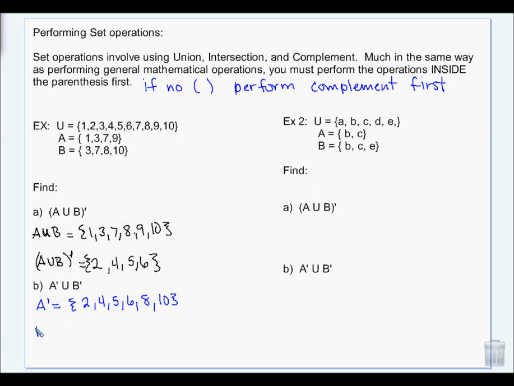And then I have to find B prime. B is 3, 7, 8, and 10. So I take away everything that's 3, 7, 8, and 10. So I have 1, 2, 4, 5, 6, but not 7 or 8. I do have 9, but not 10.